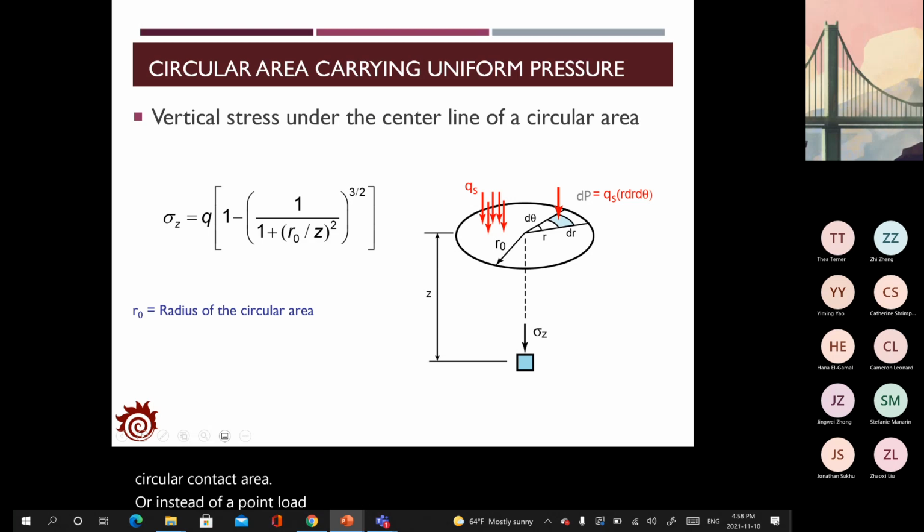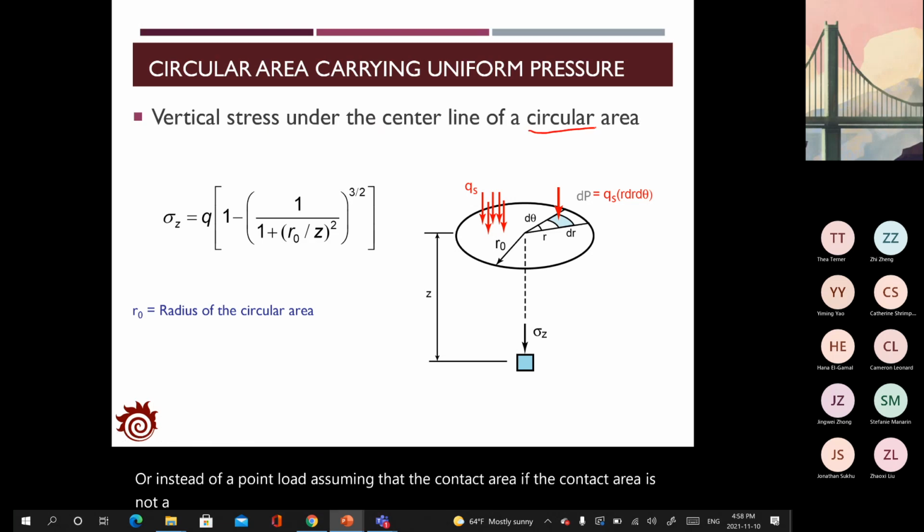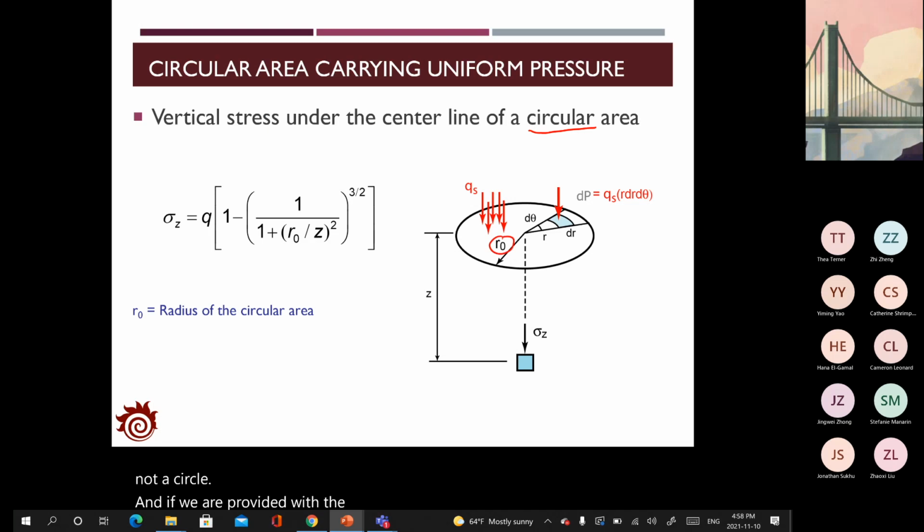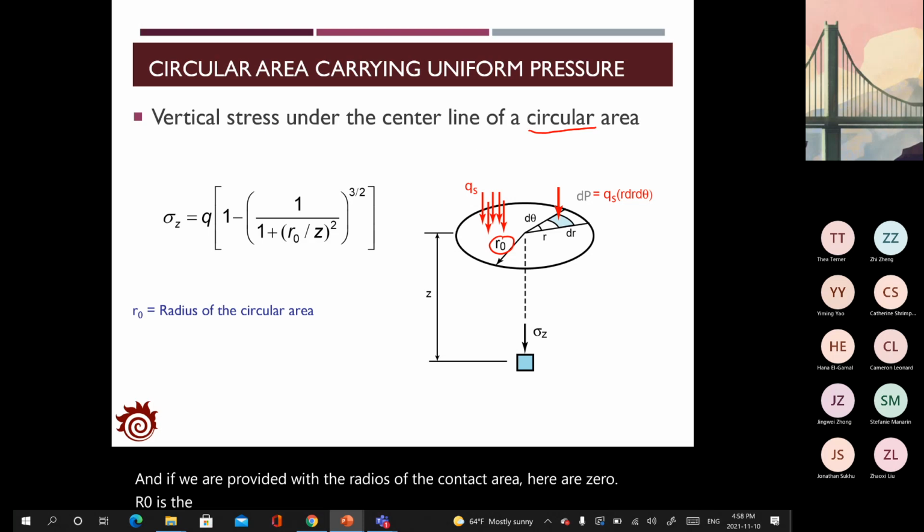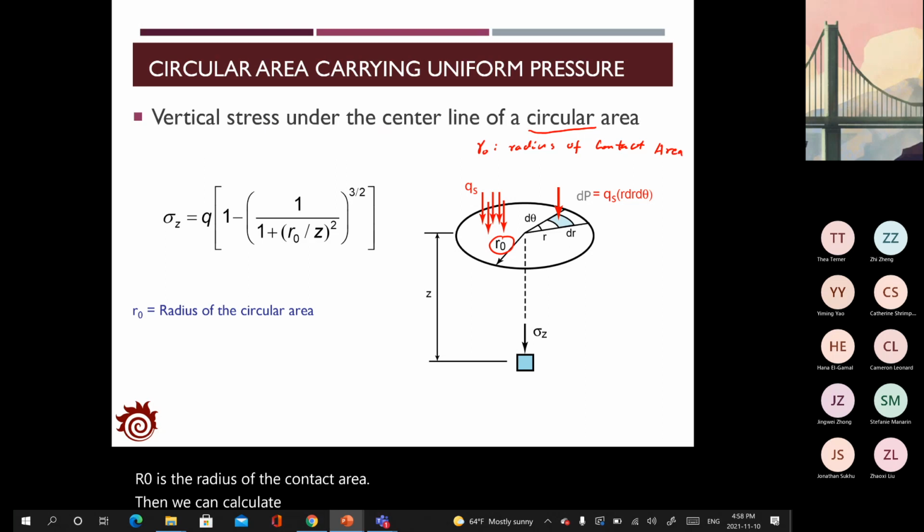If the contact area is a circle, and if we are provided with the radius of the contact area, R0 is the radius of the contact area, then we can calculate the vertical stress under the center line.